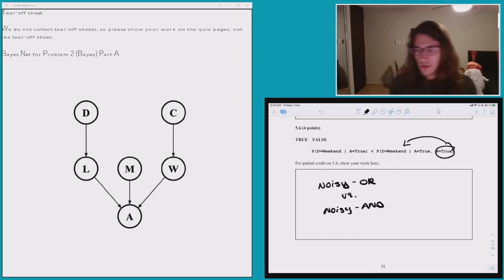Because the concept of explaining away is that one event that is unlikely explains away the need for a second event, so that's a noisy or, but the opposite could also be true, which is the noisy and. What determines one or the other is the likelihood of the events on which we are conditioning.